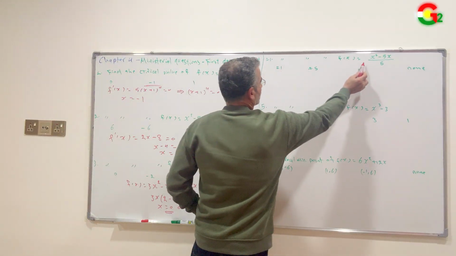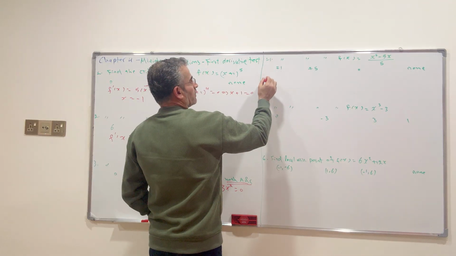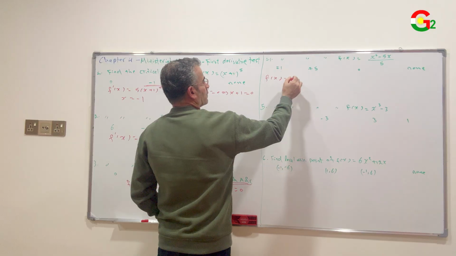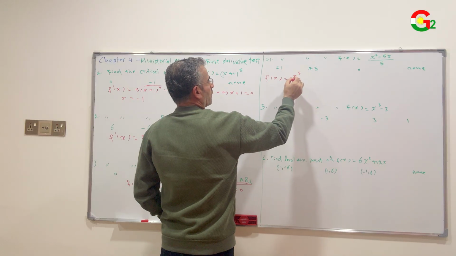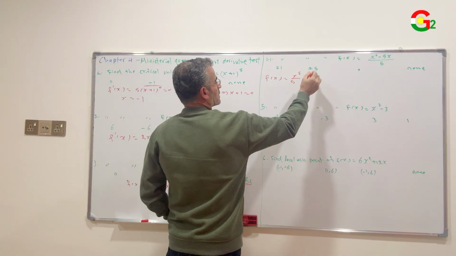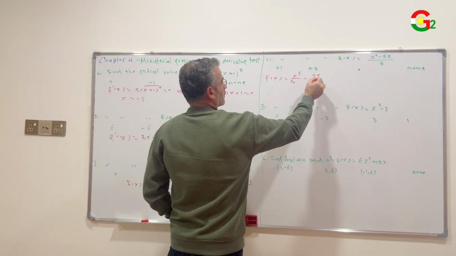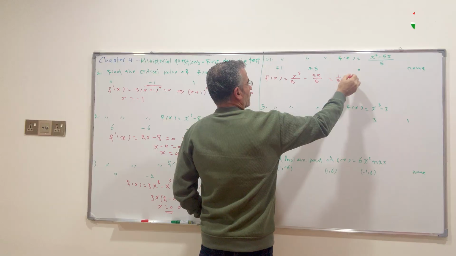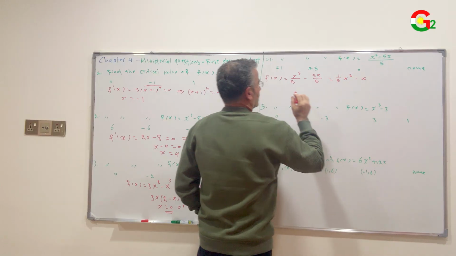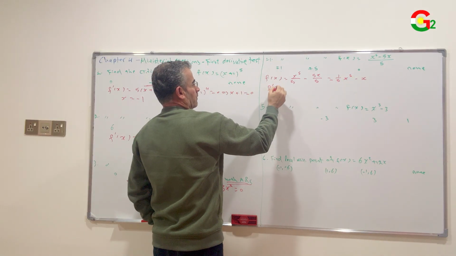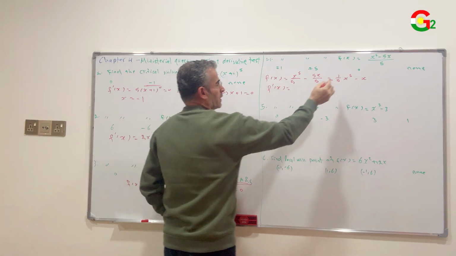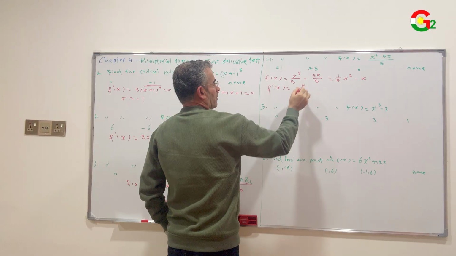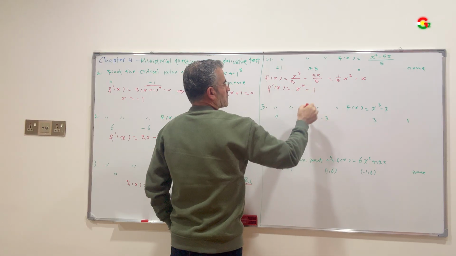Find the critical point of this function. Rewrite f of x equal to x to the power 5 over 5 minus 5x over 5, equal to 1 over 5 x to the power 5 minus x. Differentiate this function, f prime of x equal to 5 times 1 over 5, x to the power 4 minus 1.